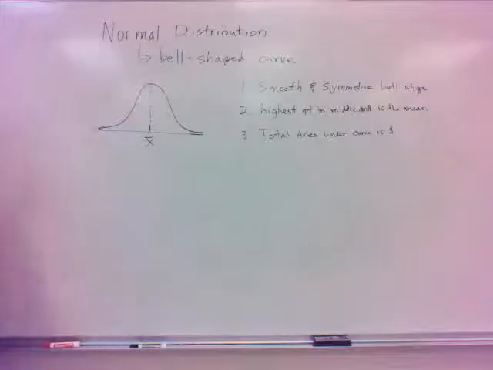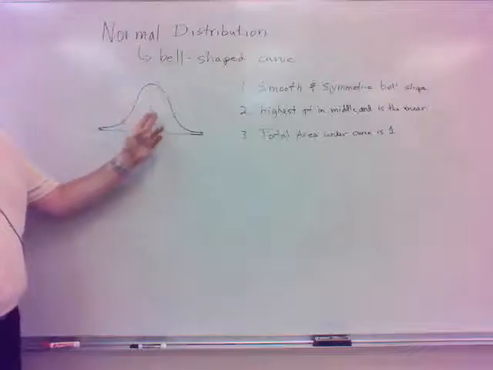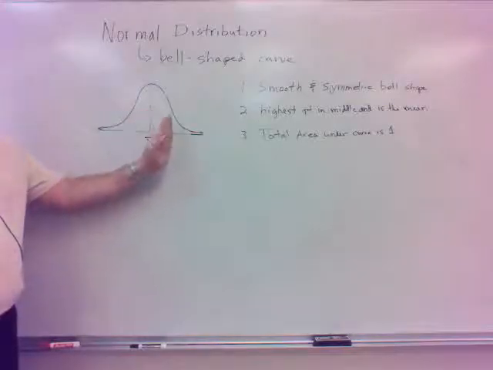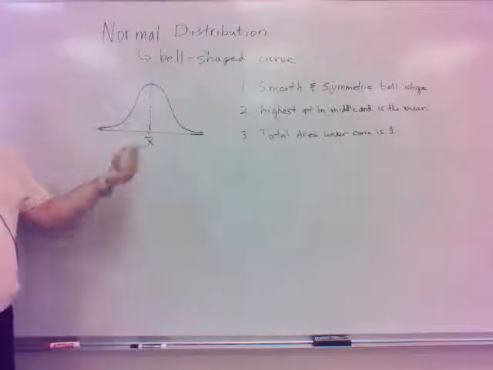The total area under the curve is 1. And what we might do is break that up down the middle there. So what percentage would we have over here to the right of the mean? 50% on the right of the mean, 50% are less, yeah.